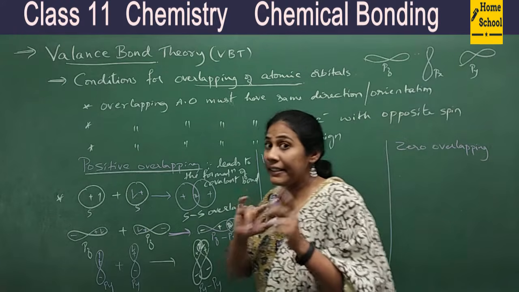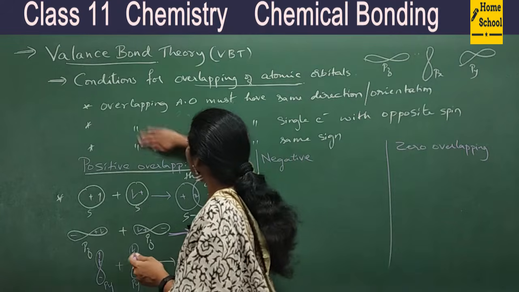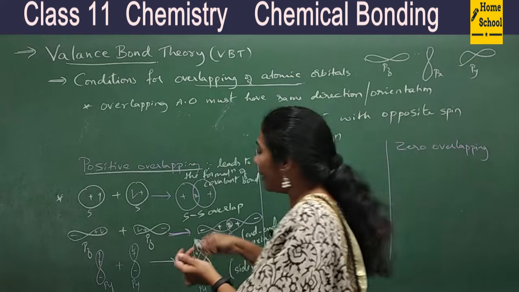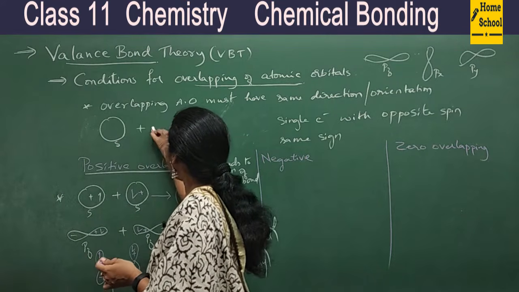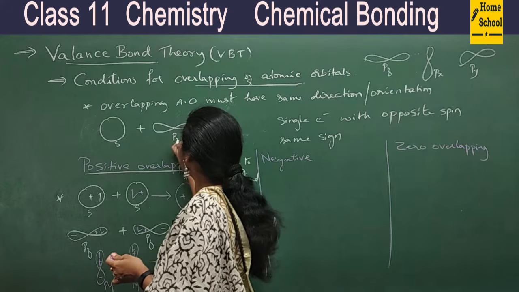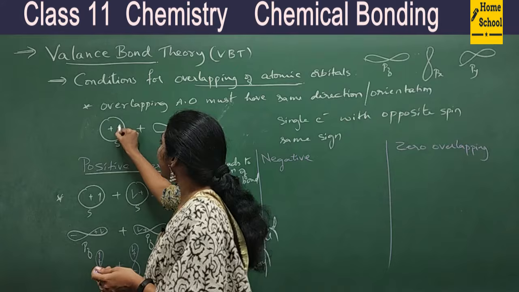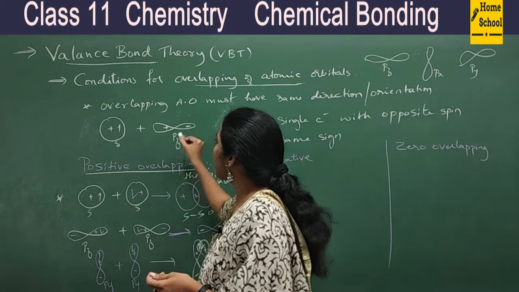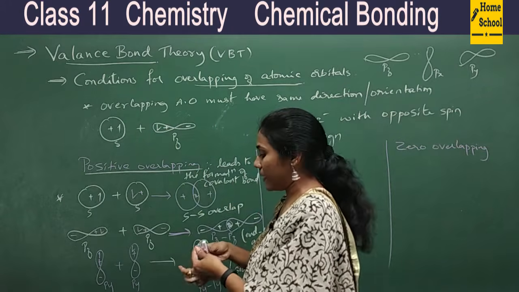And there is another type of positive overlapping, guys. So let me show it here. Another positive overlapping is that an s orbital can overlap with a pz orbital. So this is the s orbital with positive sign and a single electron. This is the pz orbital, this lobe is positive, this lobe is minus. And you have a single electron with opposite spin.